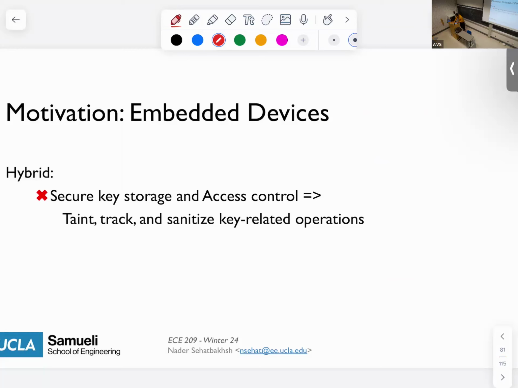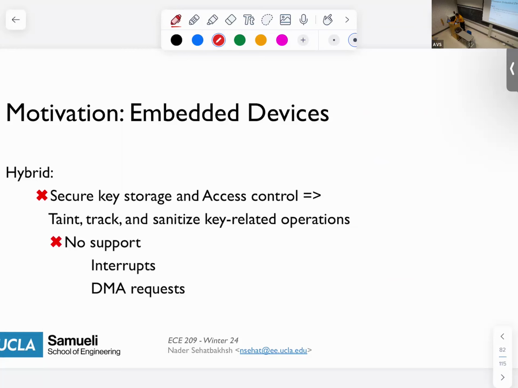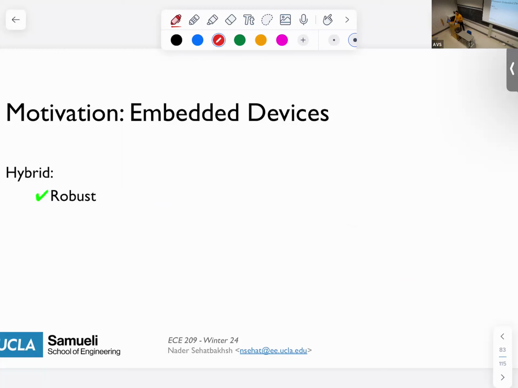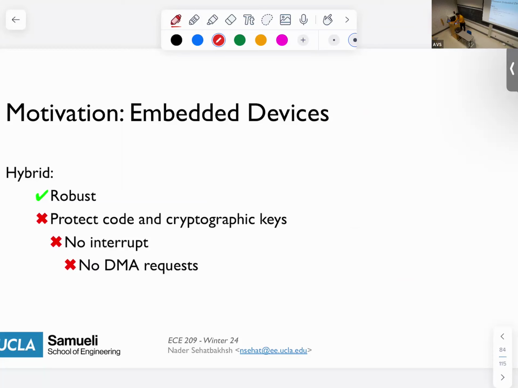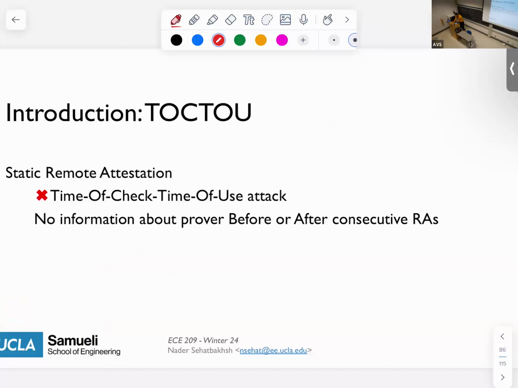So I need to track and sanitize the key-related state, and there is no support for DMAs and interrupts. But the good thing about hybrid was that it was robust. It can actually fix the issue of software attestation. And neither of those two has support for what we call time of check, time of use attacks, okay?